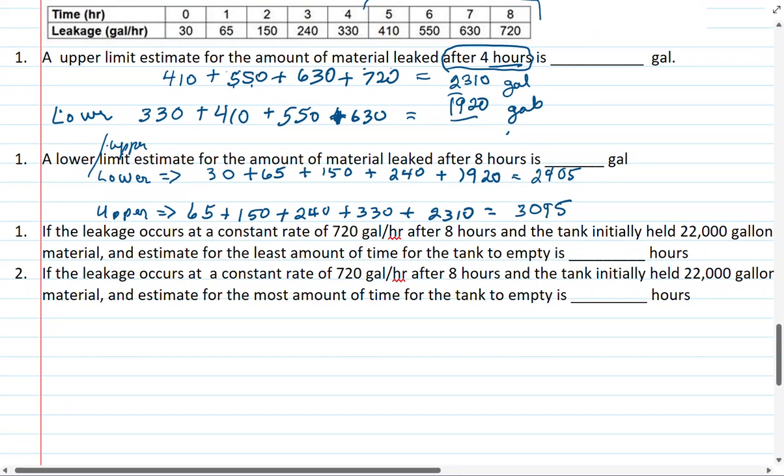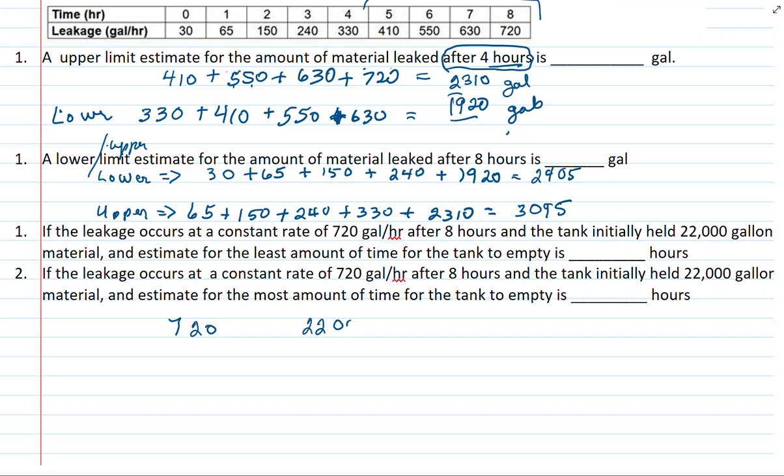And it said, if the leakage occurs at a constant rate of 720 gallons per hour after 8 hours, the tank initially held 22,000 gallons. Estimate the least amount of time.